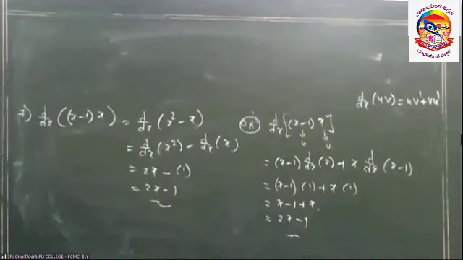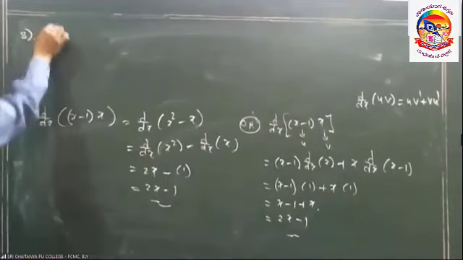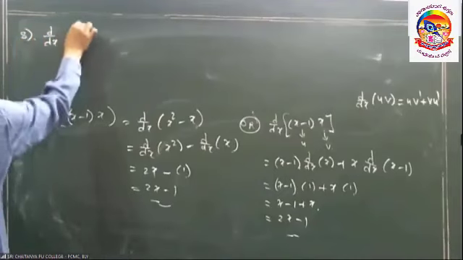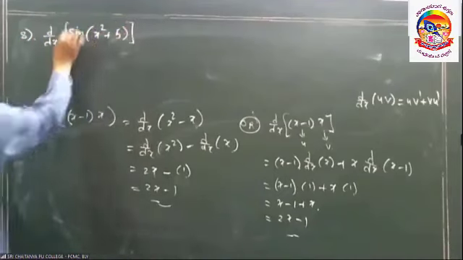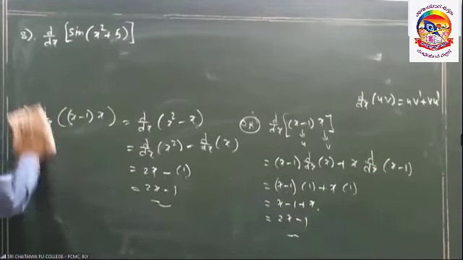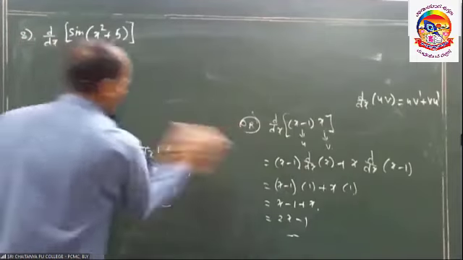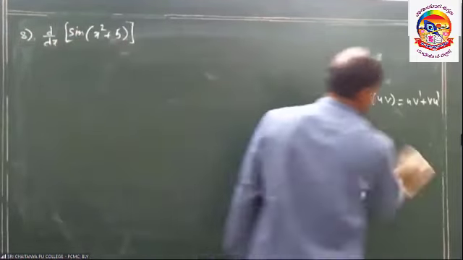Next, find the derivative of sin of x square plus 5. First, it is the derivative of sin x form. What is the formula for the derivative of sin x?